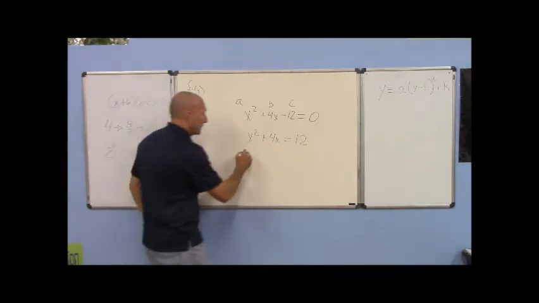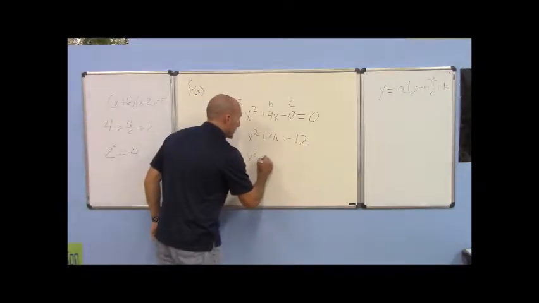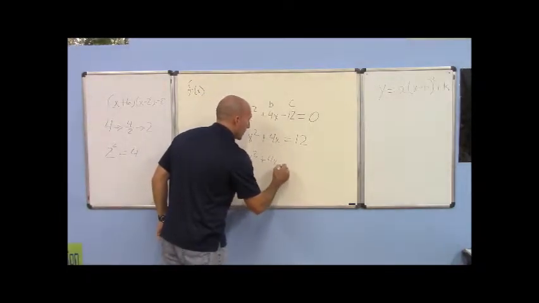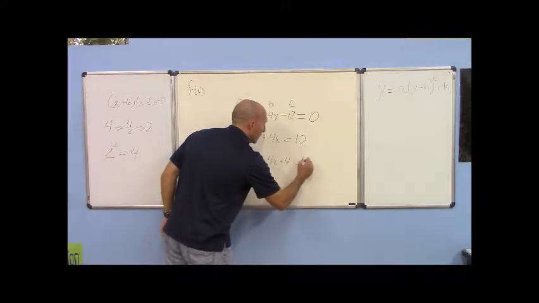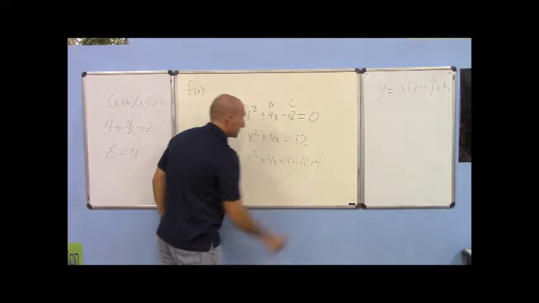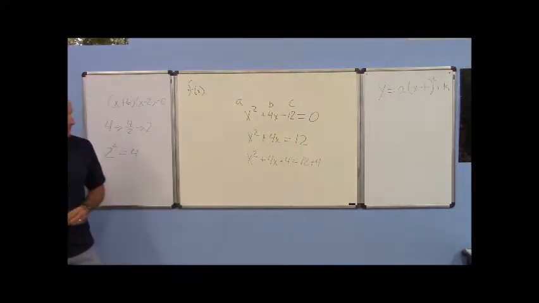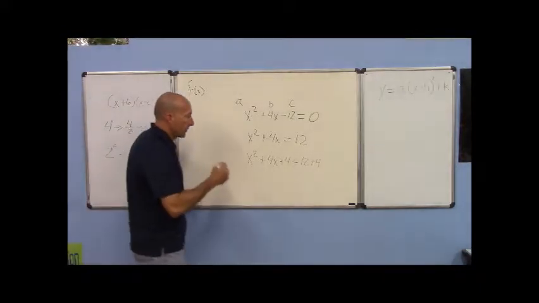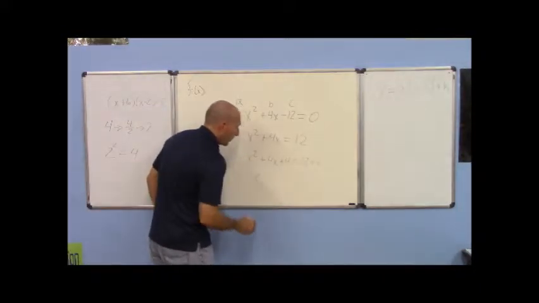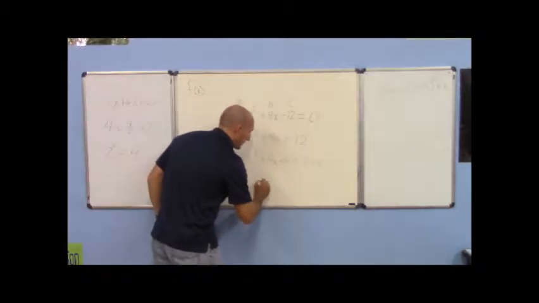So we're going to add it to both sides. x squared plus 4x plus 4 equals 12 plus 4.